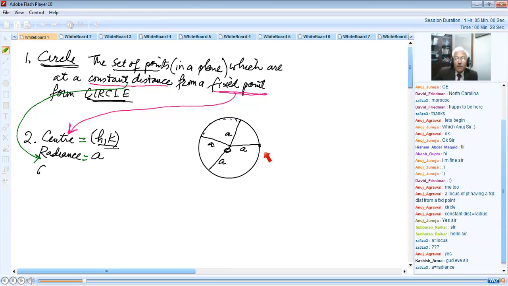Let's take any point P(x, y). (x, y) is a variable point. It is the point which builds this locus. We say let P(x, y) be any point on the circle.